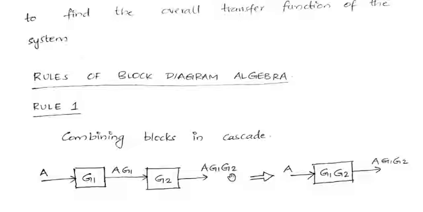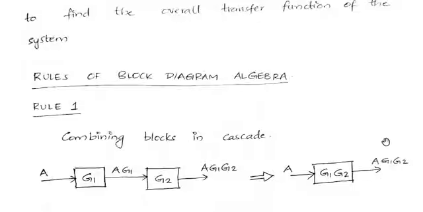If that is the case, then how can you reduce these two blocks into a single one? As I told, the input output relationship should not change, so our input should be A, because here also our input is A, and after reduction the final output should be AG1 G2, because in our original system the final output is AG1 G2. So the input is A, output is AG1 G2.